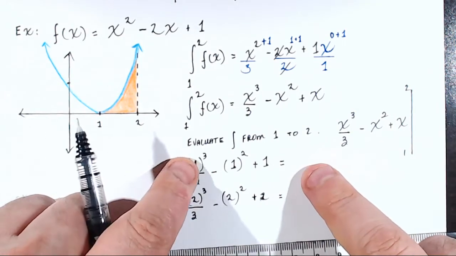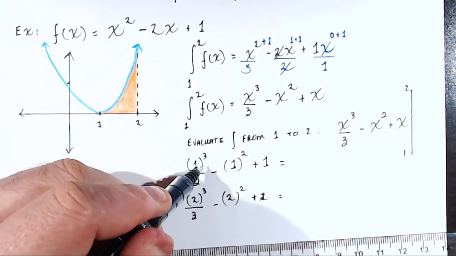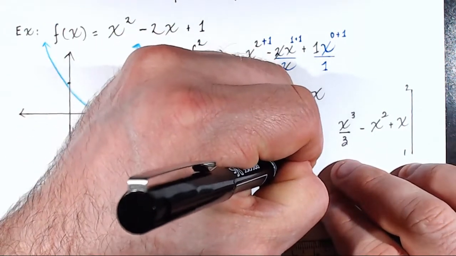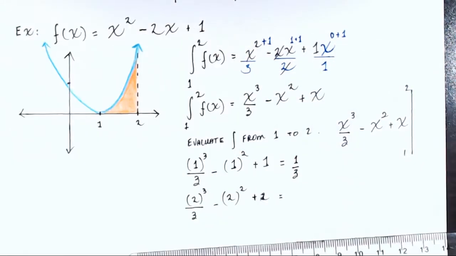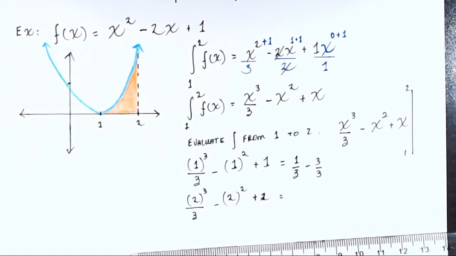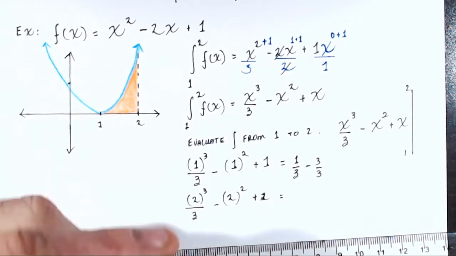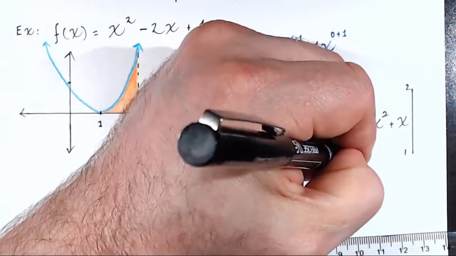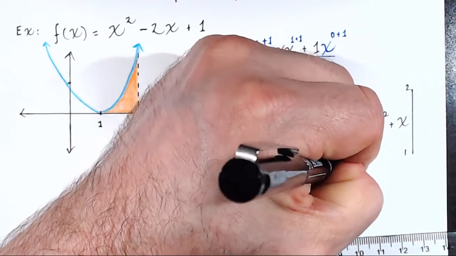So first we'll take this one. 1 times 1 times 1 is 1 over 3, so I've got 1/3 minus 1 times 1 is 1, but I should put it in terms of 3, so we'll subtract out 3/3 to have a common denominator. Instead of writing 1, I know I'm going to have to subtract using common denominator, and then plus 1 in terms of 3, which is 3/3.